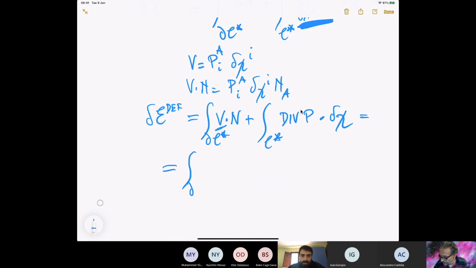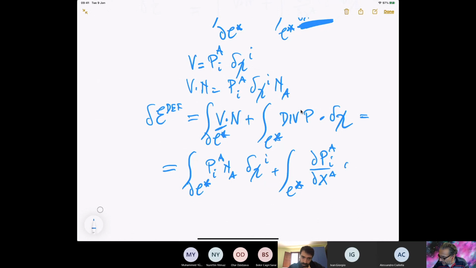I have the integral over the boundary of C star of P_iA n_A delta chi_i plus the integral over C star of dP_iA over dx_A delta chi_i. And this has to be equal to 0 for every delta chi_i.